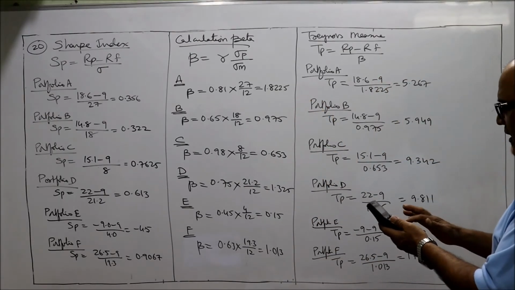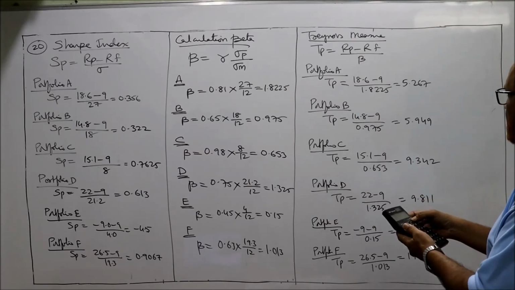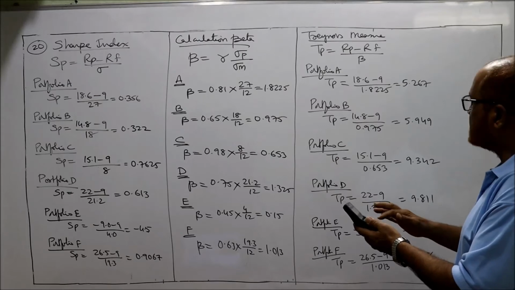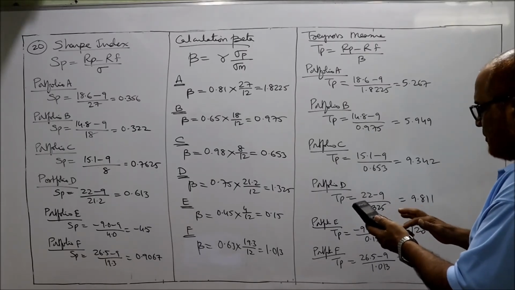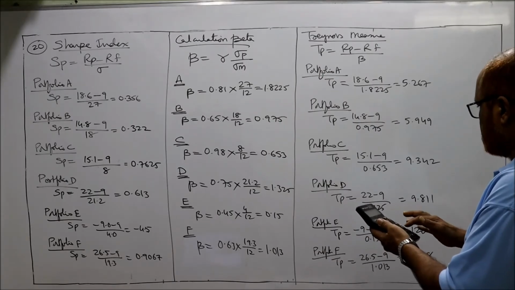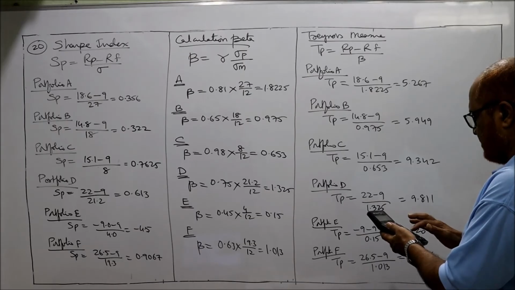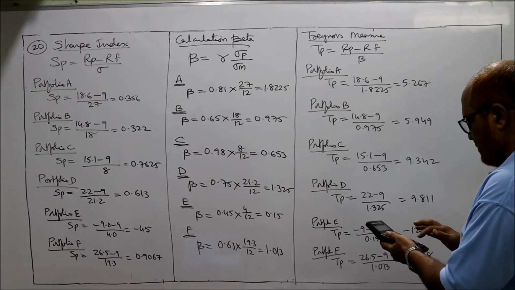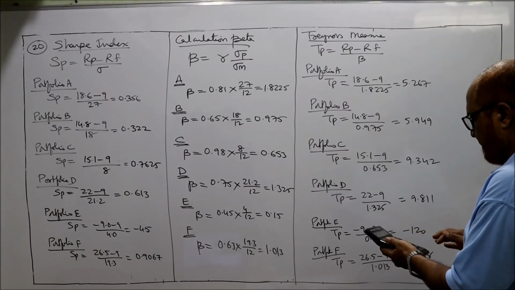Here also we'll check once. 18.6 minus 9 divided by 1.8225 is 5.267, right? 14.8 minus 9 divided by 0.975 is 5.949. 15.1 minus 9 divided by 0.653 is 9.342. 22 minus 9 divided by 1.325 is 9.811. Minus 9 divided by 0.15 is minus 120. 26.5 minus 9 divided by 1.013 is 17.28.